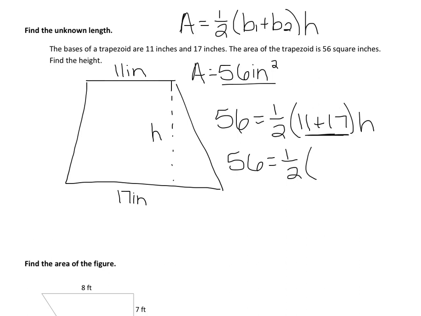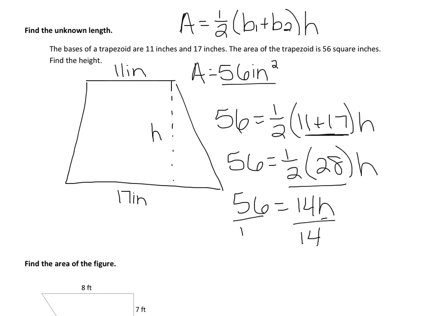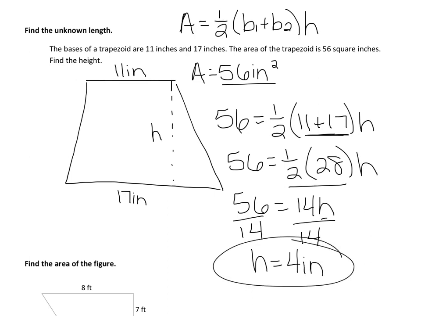So 11 plus 17 gives me 28. And I can take 1/2 of 28 and I get 14. And if I want to solve for h, divide both sides by 14. So h equals 4 inches. So now we know the height of our trapezoid.